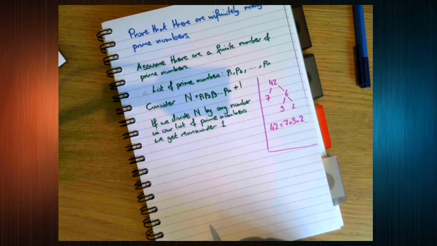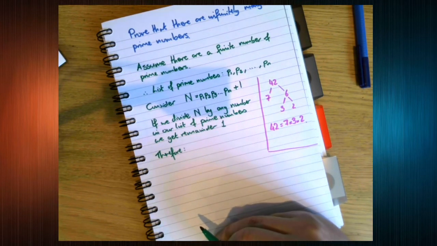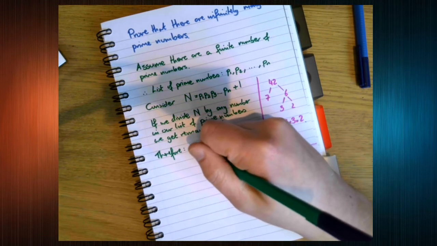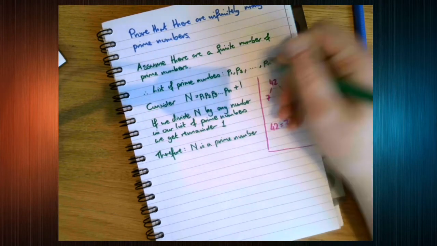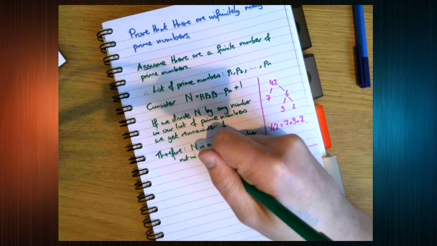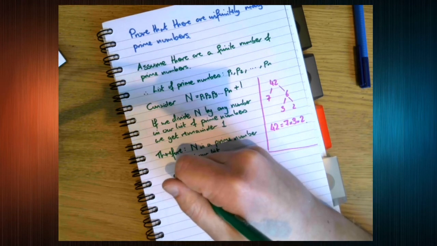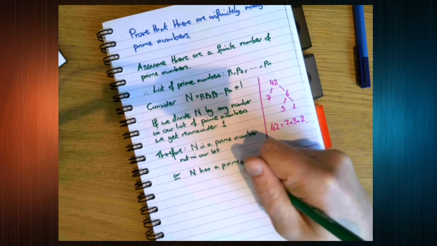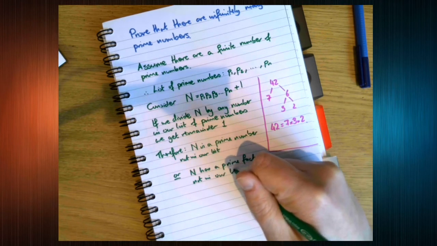Which means one of two things. Either n is a prime number not in our list, or n has a prime factor not in our list.